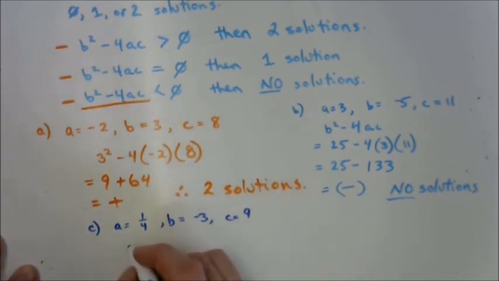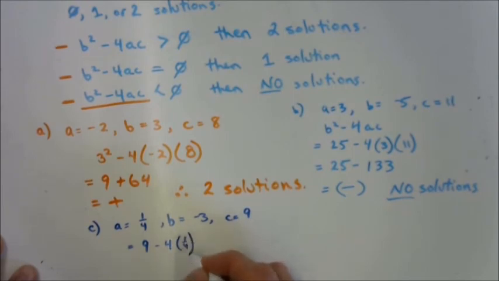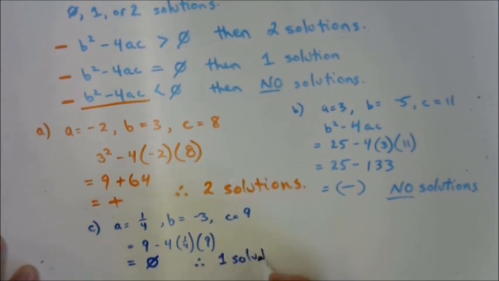And we're going to use the discriminant. So B squared is negative 3 squared, which is 9, minus 4AC. To fit it on my board, you can see 4 times 1/4 is just 1. 1 times 9 is 9. So we've got 9 minus 9. How many solutions? One solution.